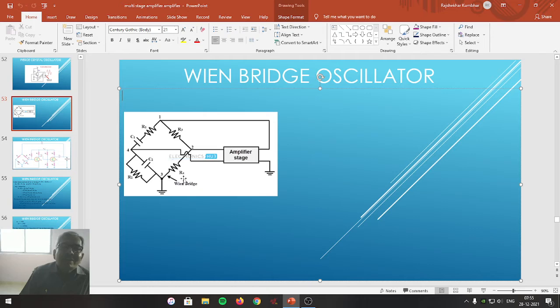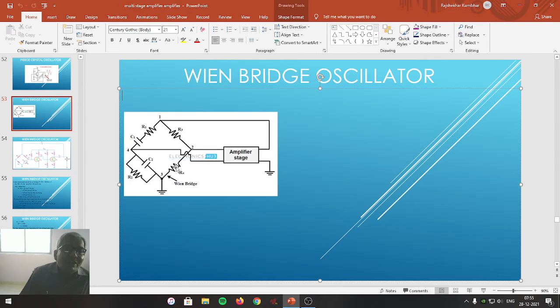Friends, let me discuss the construction of the Wien bridge. Wien bridge is a 4-arm bridge. In two arms, simple resistors are connected, R3 and R4, as we have named them.